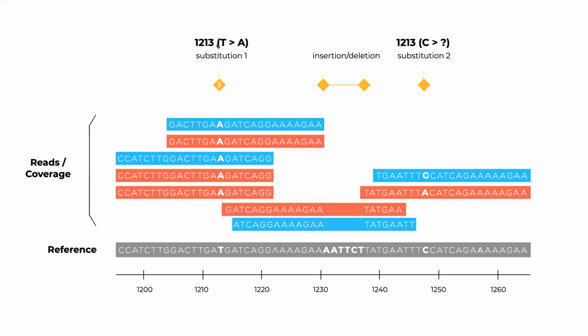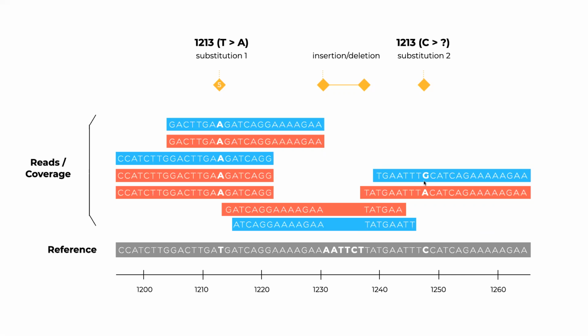For example, this first position change from T to A is a substitution because it is exactly the same in the majority of the reads or all of the reads that we have for that position. Here we have at least 2 reads that indicate that we have an insertion or a deletion. In this case, we have a deletion, so we have a number of reads that indicate that. But here we have something that is very difficult to characterize.